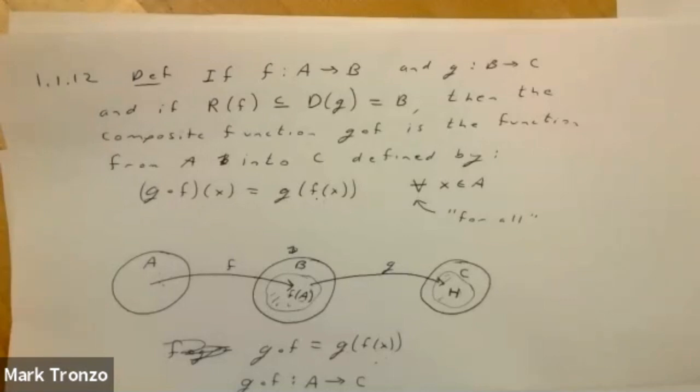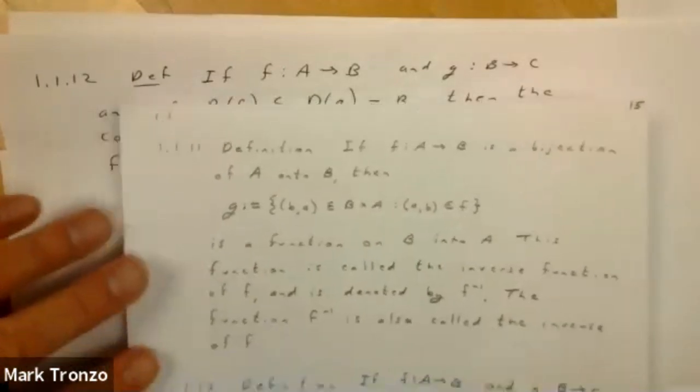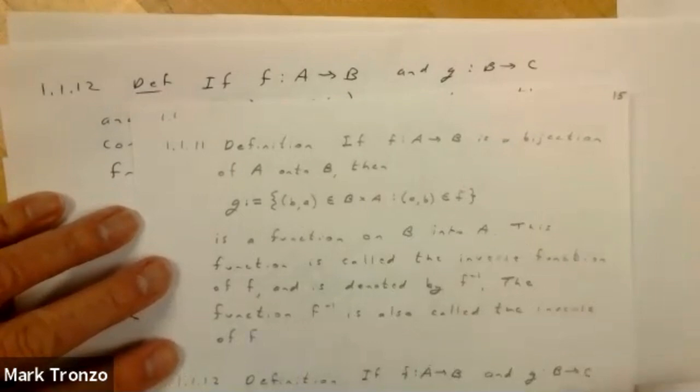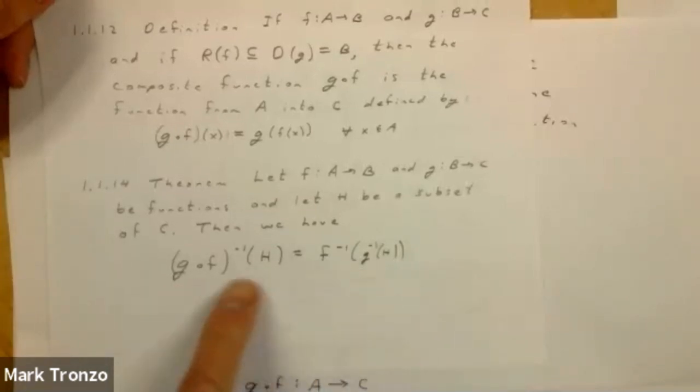Yeah, what's kind of odd here is that the way they've defined things, on the one hand the inverse function has to be a bijection up here, but they're leaving it open down here.